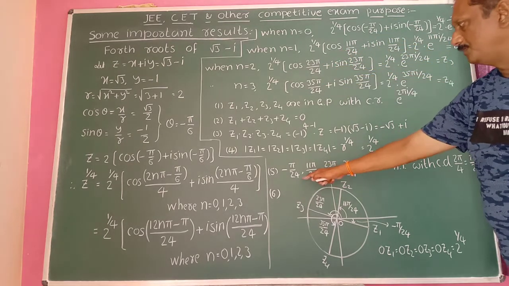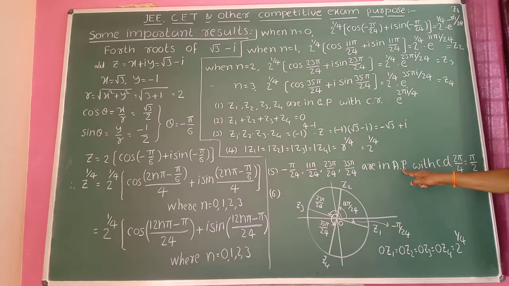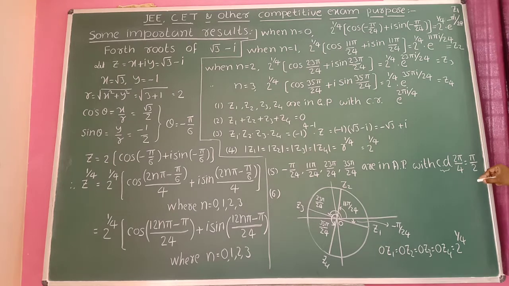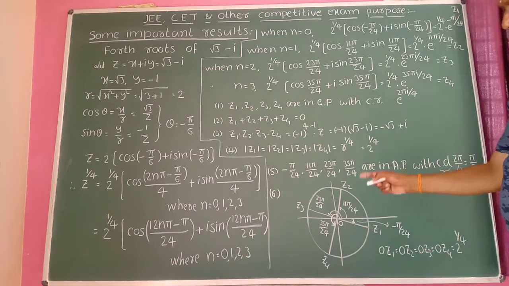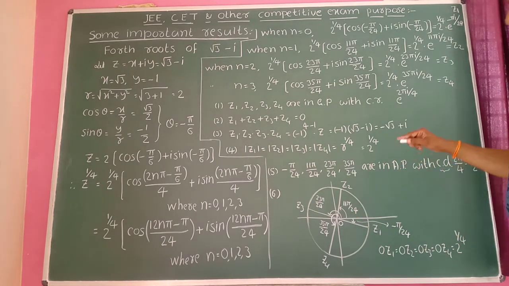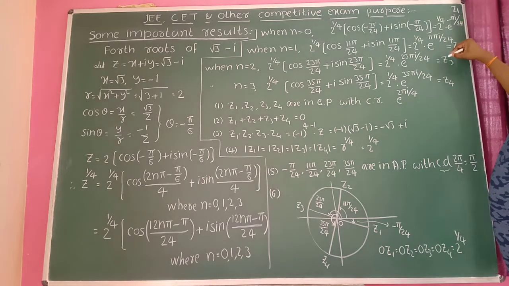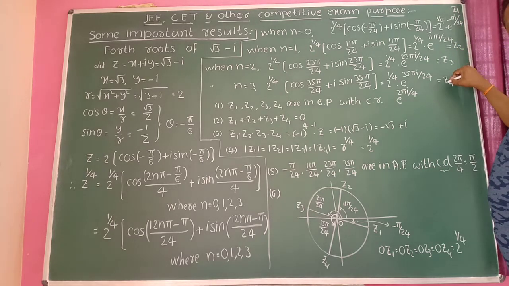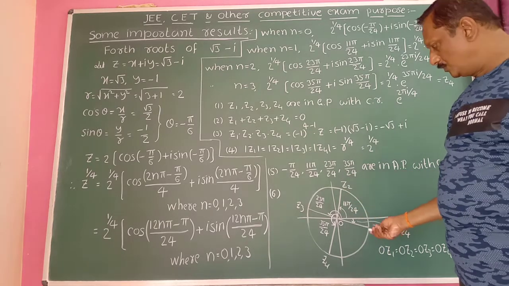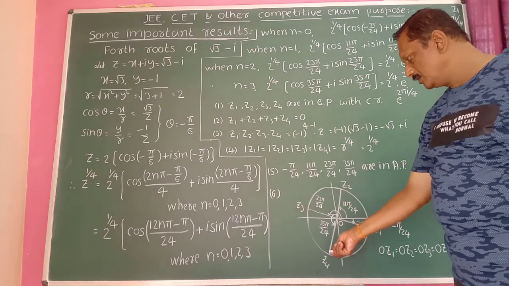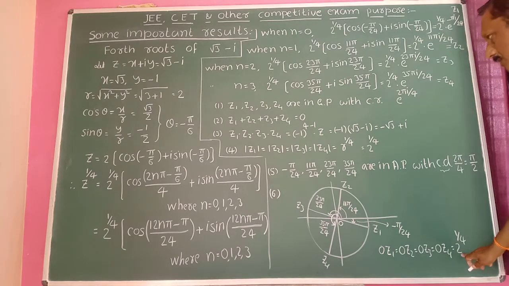These are in AP with a common difference of 2 pi divided by 4, which is pi by 2. And it is an Argand diagram. The circle is divided into 4 equal parts. Z1, Z2, Z3, Z4 are the 4th roots of the complex number. They divide the circle into 4 equal parts, whose radius is 2 raised to 1 by 4.